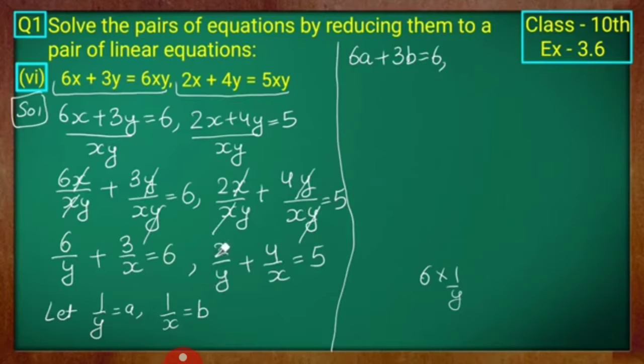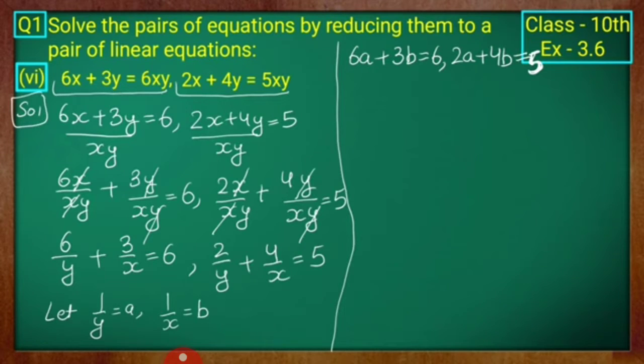In the second equation, 2 upon y can be written 2a and 4 upon x can be written 4b, is equal to 5. So the two equations are 6a plus 3b is equal to 6, 2a plus 4b is equal to 5.